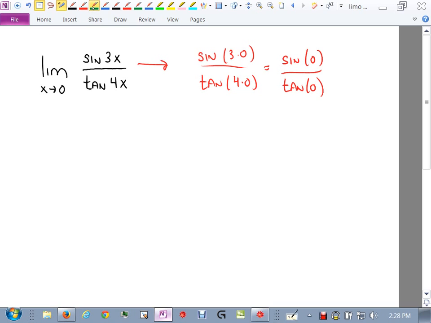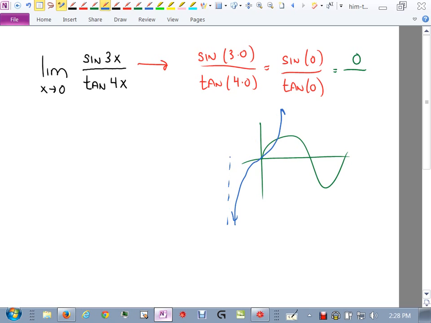And maybe you need to go back and look at the graphs, or maybe you just know it. Here's the sine function. What's sine of 0? 0. Here's the tangent function. Maybe you remember this. Remember it had those cool little asymptotes like this? So what's tangent 0? 0. So you get 0 over 0, which means you got to do something about it, right?